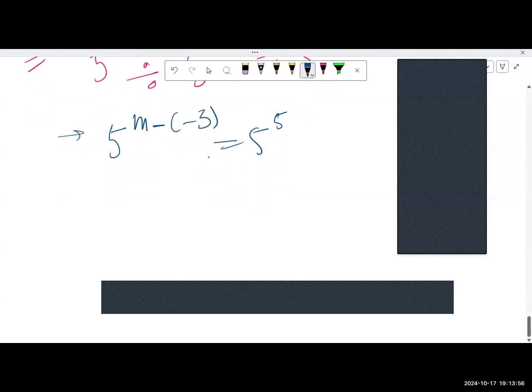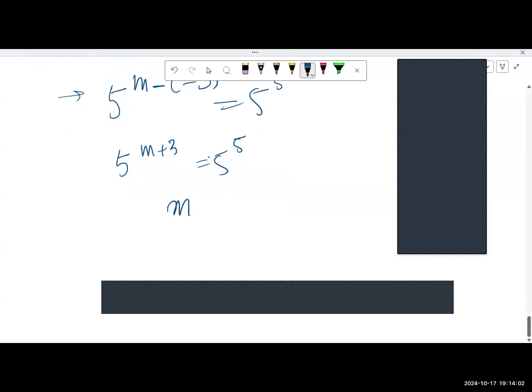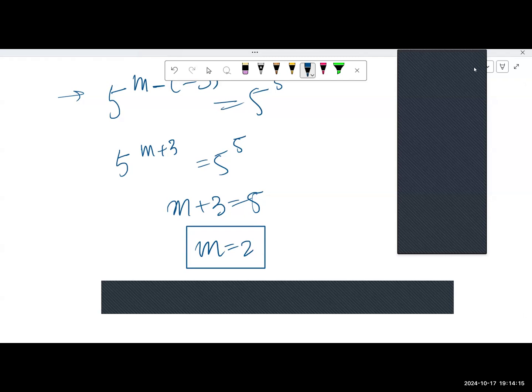So here you have 5 to the power m plus 3 gives you 5 to the power 5. So m plus 3 should be equal to 5. So m is equal to 2. Understood? Yes, ma'am. Clear? Yes, ma'am.